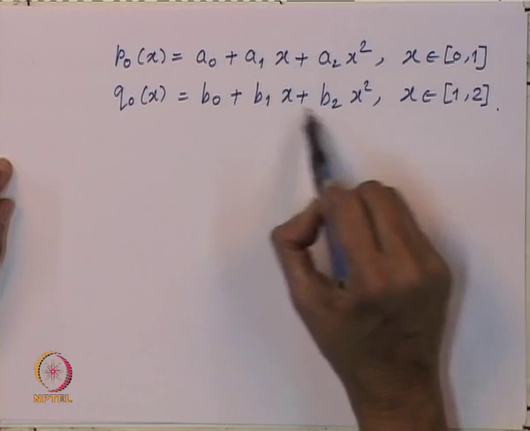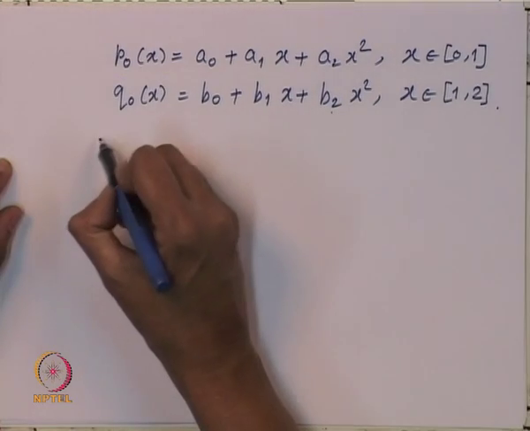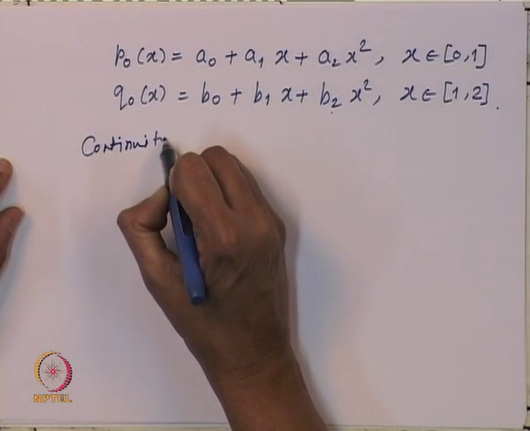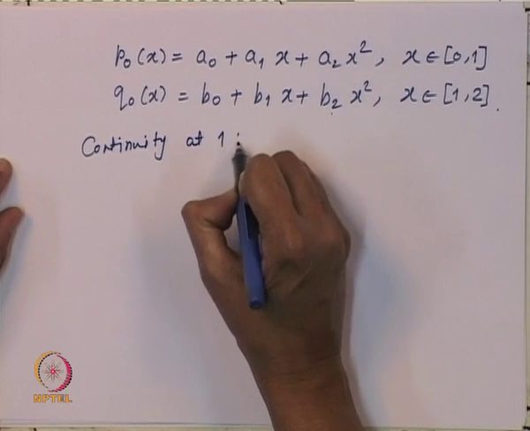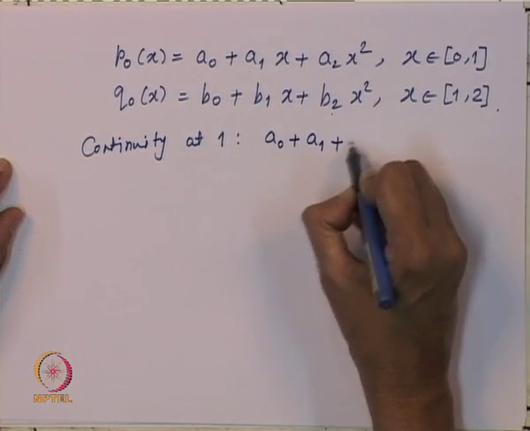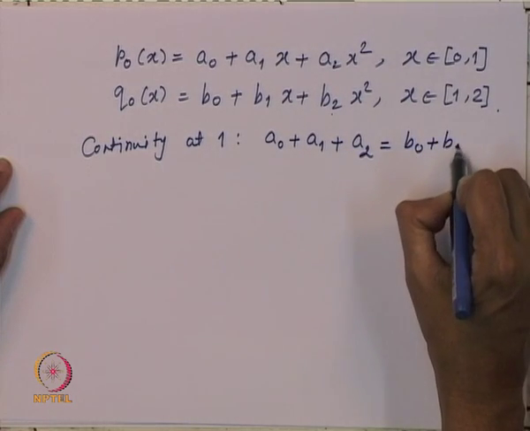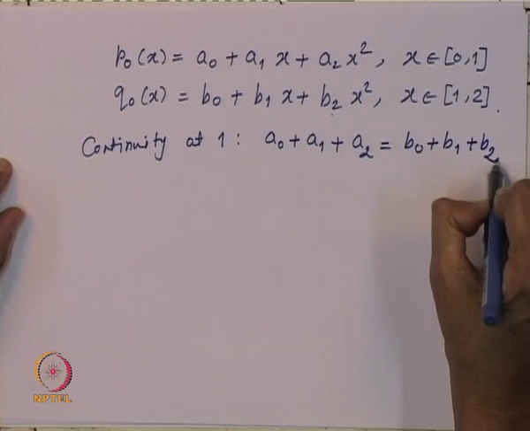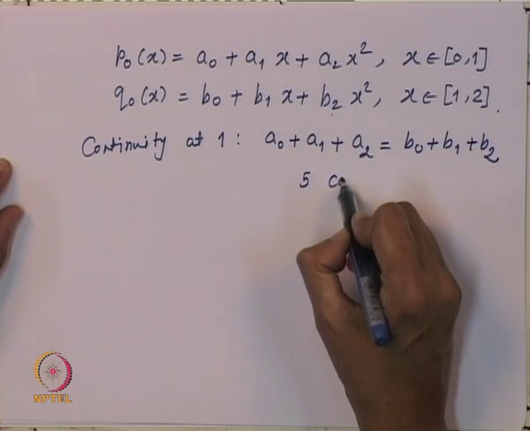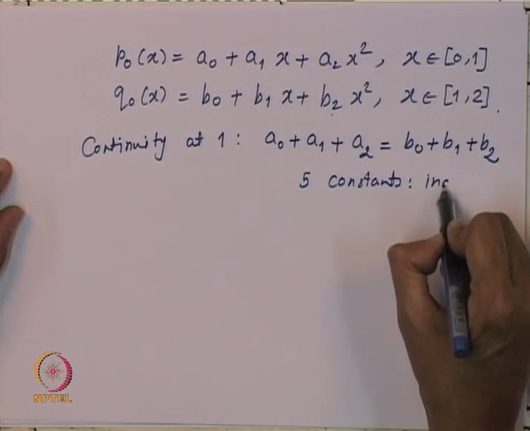So, we have got 6 constants which can vary independently. Continuity at point 1 implies that a0 plus a1 plus a2 has to be equal to b0 plus b1 plus b2. So, we have got only 5 constants which are independent.